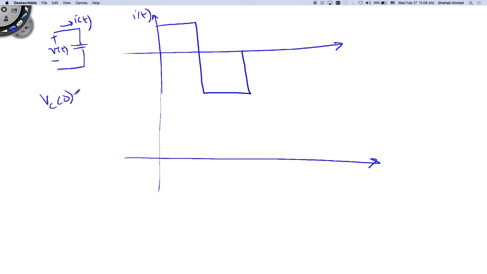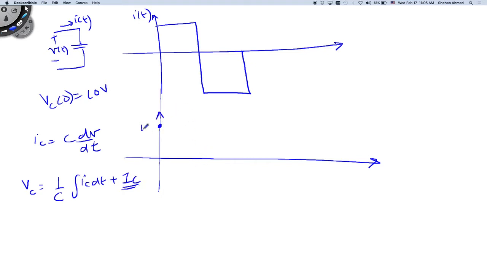Vc of 0 is 10 volts, right? So again, IC is equal to C dVc by dt, and then Vc is equal to 1 over C integral of IC dt plus initial condition. They're saying that initially my voltage is 10 volts.